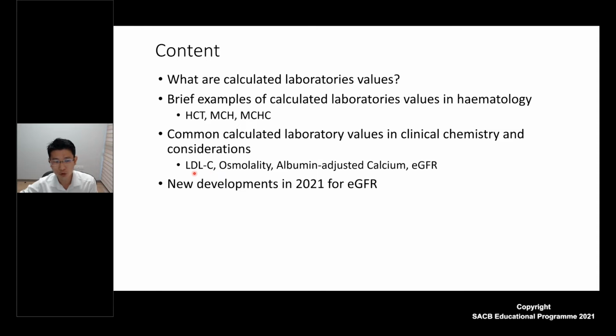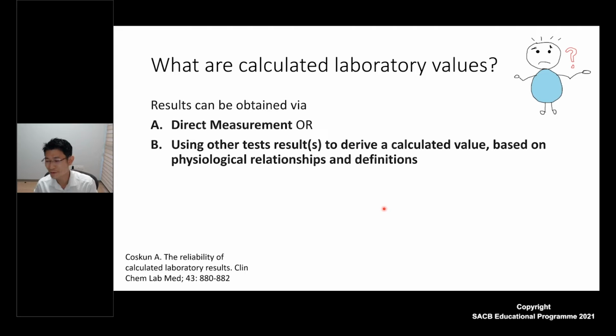Of note, we'll go through calculated LDL cholesterol, calculated osmolality, calculated albumin-adjusted calcium, and estimated glomerular filtration rate. We'll also talk about some new developments over the past 1 month on estimated glomerular filtration rate.